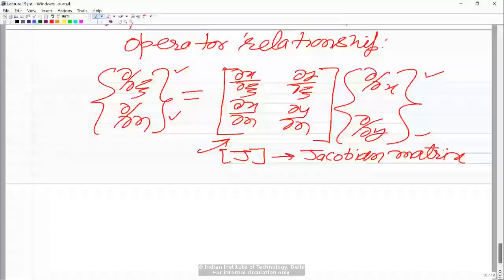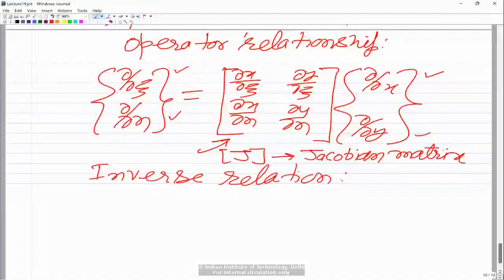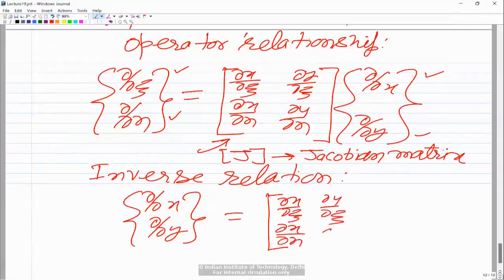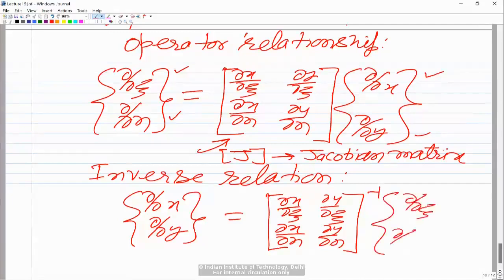So if you write the inverse relationship, del by del x, del by del y will be equal to the inverse of this matrix. That means we will have the inverse of the matrix with entries del x by del xi, del y by del xi, del x by del eta, del y by del eta, multiplied by del by del xi and del by del eta.